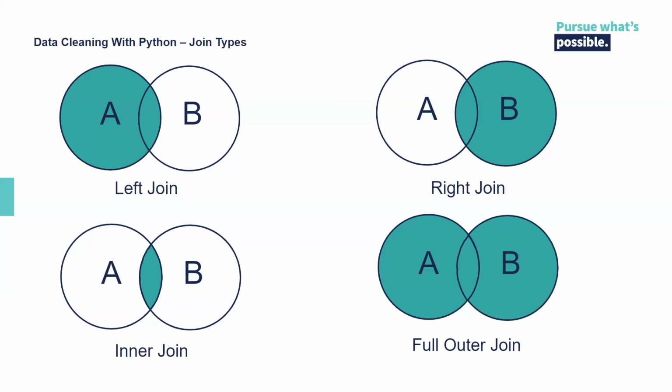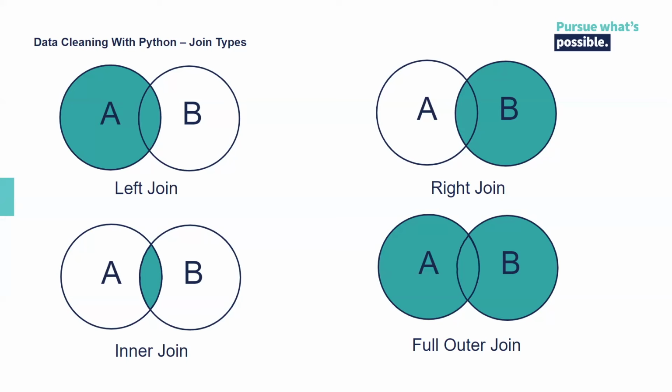All the records in table B are retained, and only the values from table A that match are brought over. An inner join is where only the records from both tables that match are brought over. And a full outer join is where all the records are brought over, but you might have null values for the records that don't match. Okay, so that's a lot.